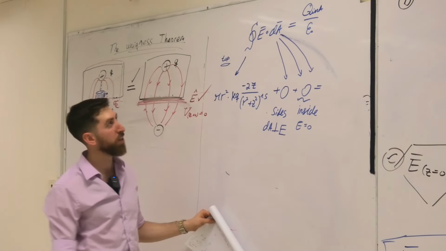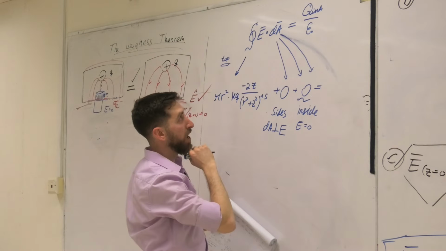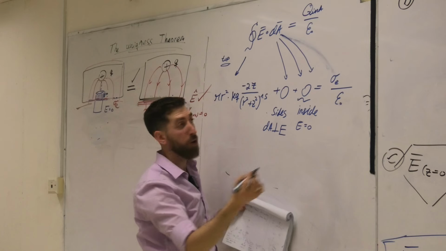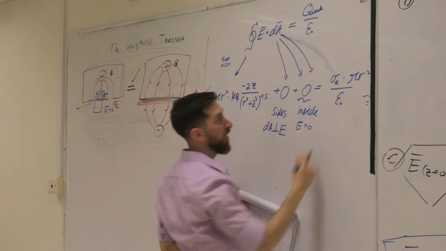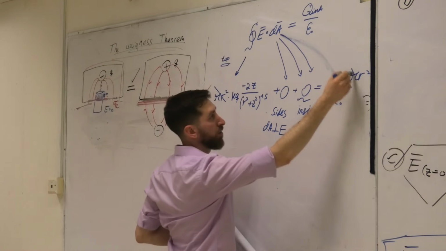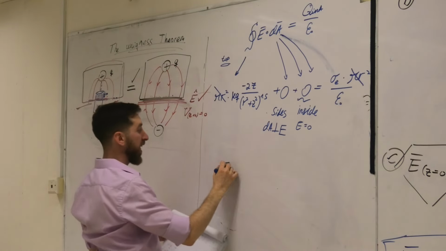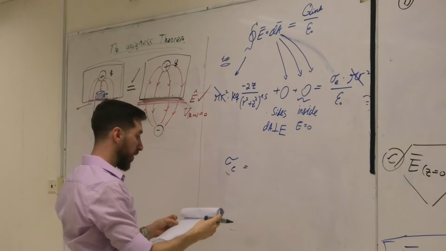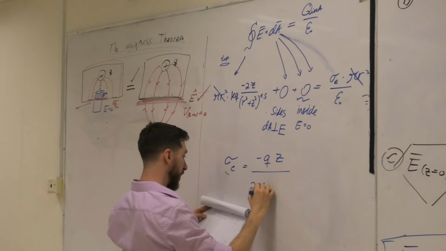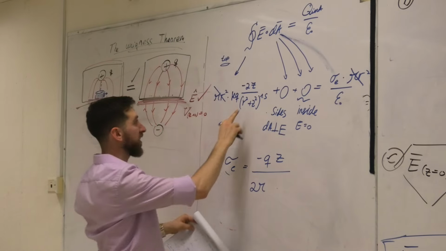Because it's a tissue. What is the charge that we have? We have some charge density, which we don't know, multiplied by the area of our cylinder, okay? This is canceling out, right? And we're going to get sigma E equal to minus Q Z over 2 pi. Z, sorry, I put Z, but it's H, okay?